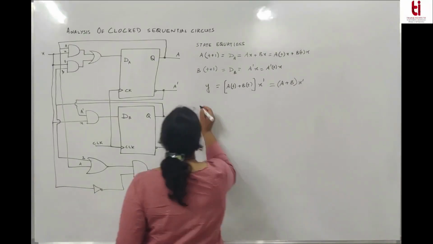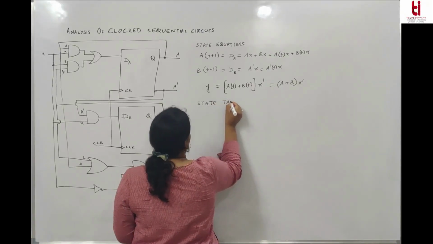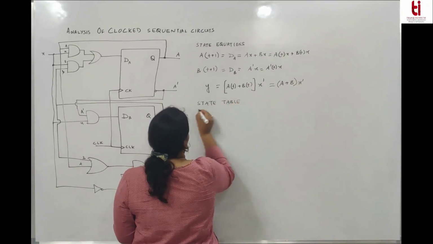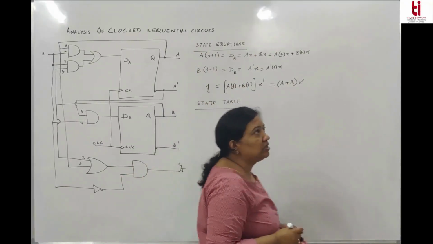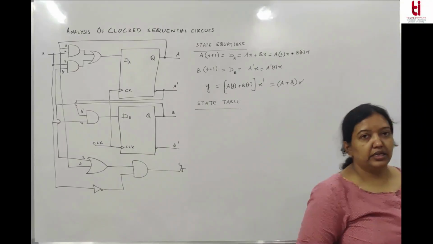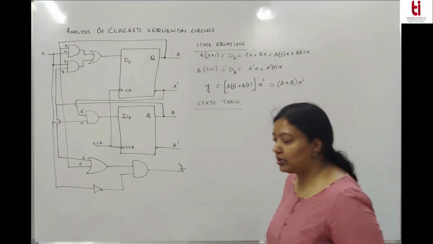Next important thing is how to make the state table. For every clocked sequential circuit, we have to write the state equations and make a state table. These are the two important things.